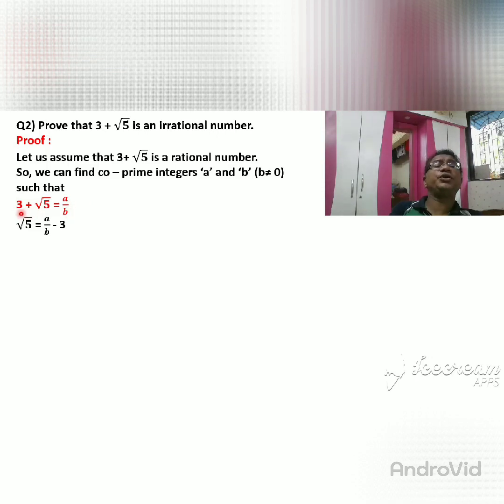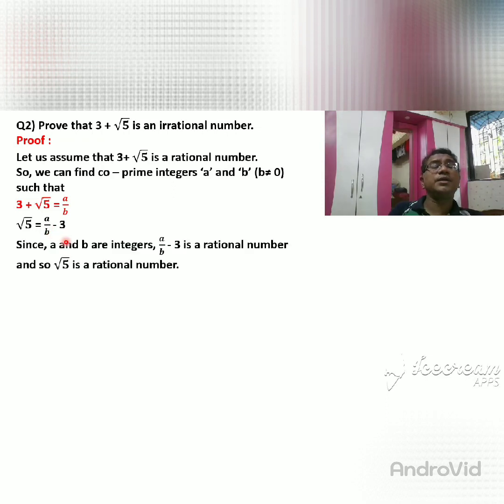This 3 is positive, and when it goes across it becomes negative. So what remains here? Root 5. Root 5 is equal to a upon b minus 3.